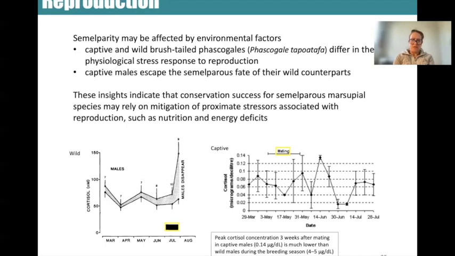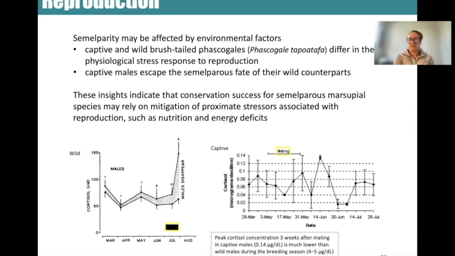What you can see here in these figures is cortisol levels of wild males during the breeding season, where there's a significant elevation, and this is the same period in captive males, where they almost tend to show a decrease in cortisol levels.